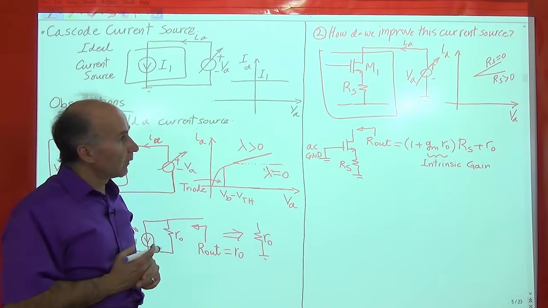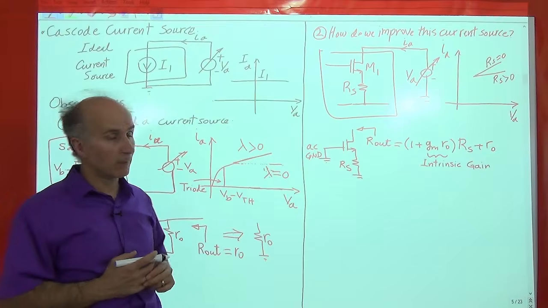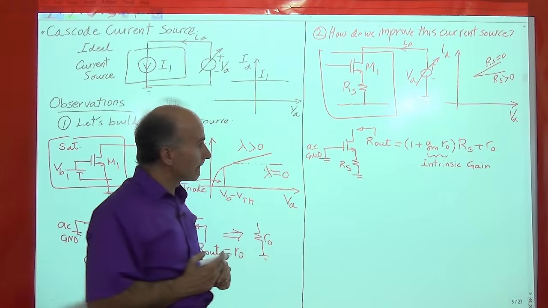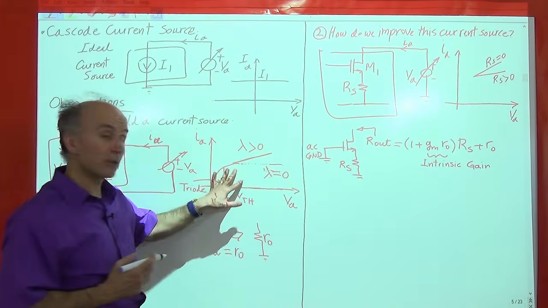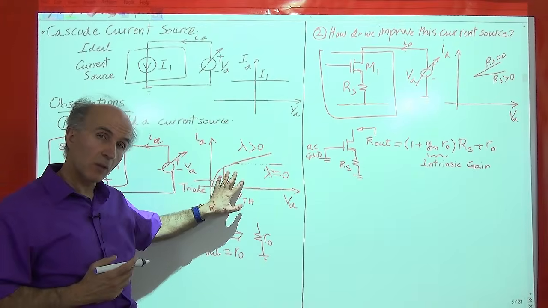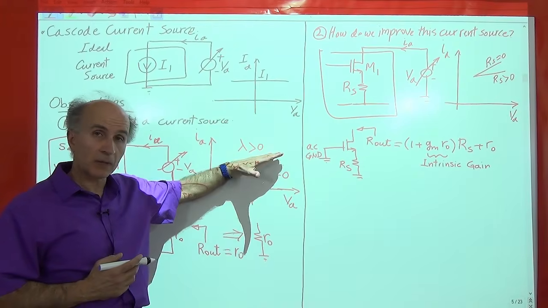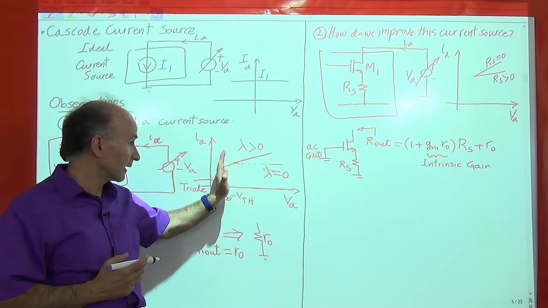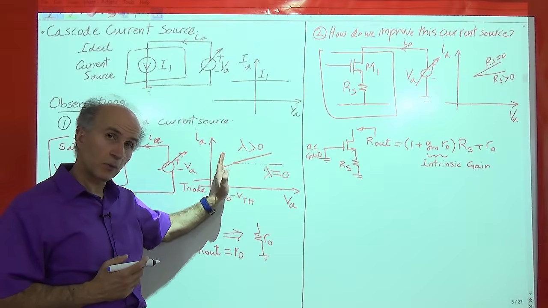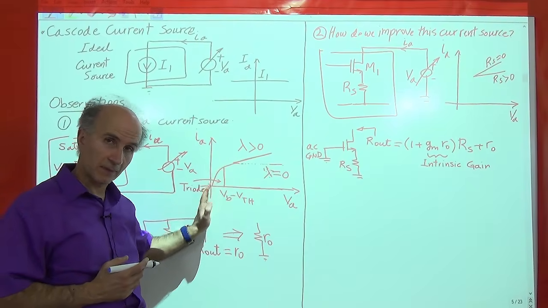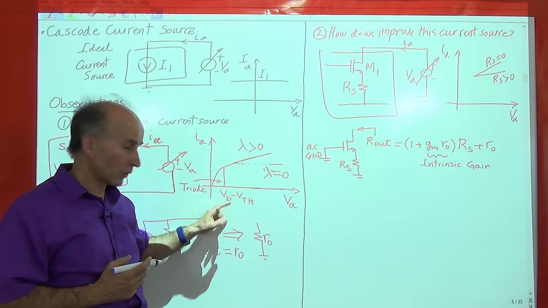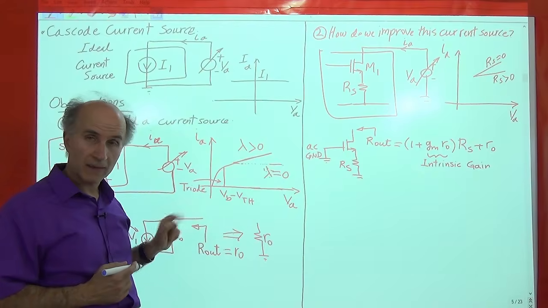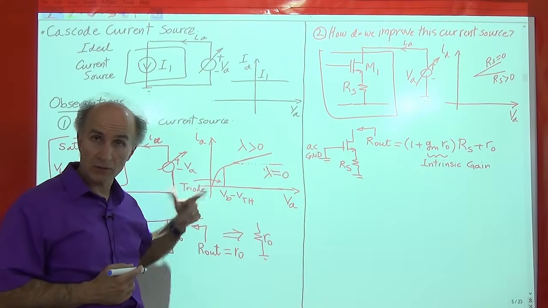Okay. Well, unfortunately, this doesn't come for free. Remember, we had two limitations here. One was this slope not being 0, and the other, the fact that there's a lower limit beyond which the current source collapses. So let's go and examine this lower limit in this new case and see if it's the same or not, right?